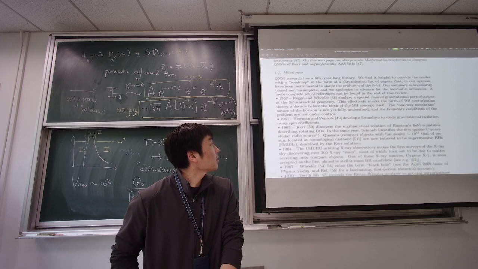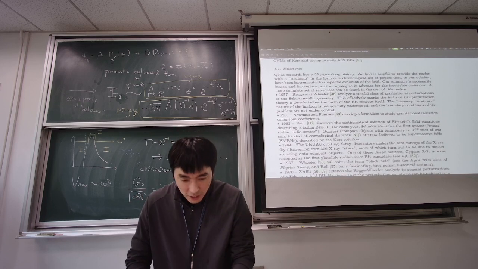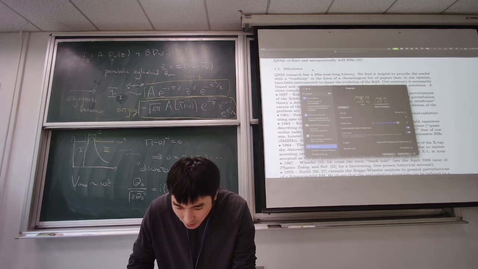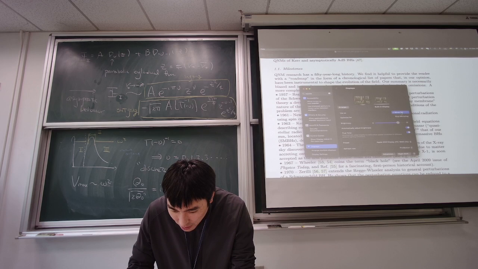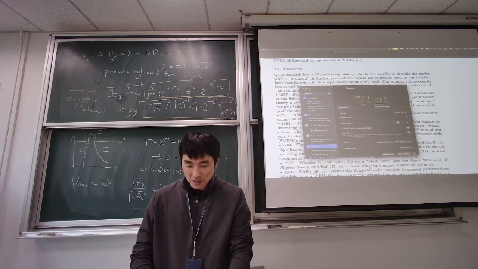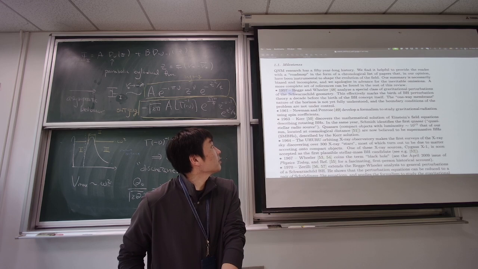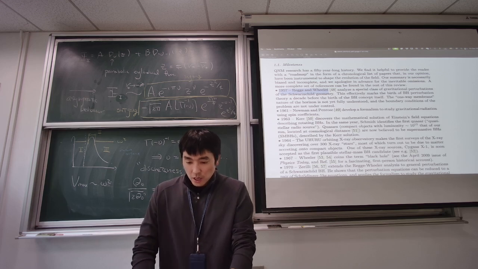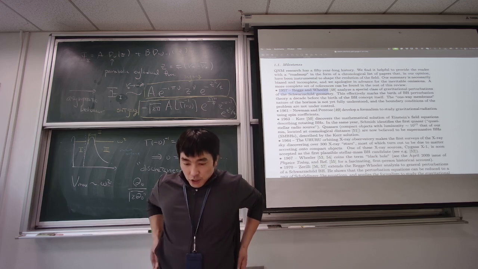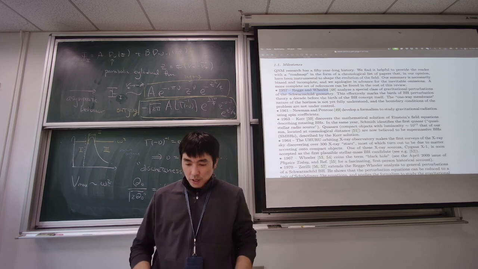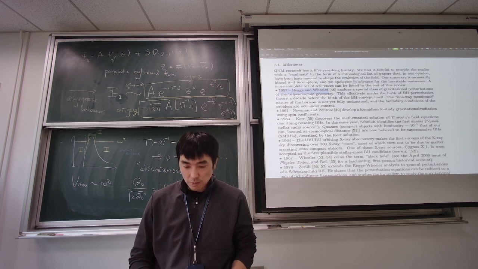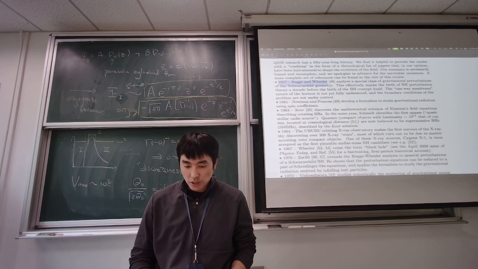Maybe you can take a look. Okay, it's written 1957: Regge and Wheeler found the perturbation of the Schwarzschild geometry. So this is the beginning of black hole perturbation.